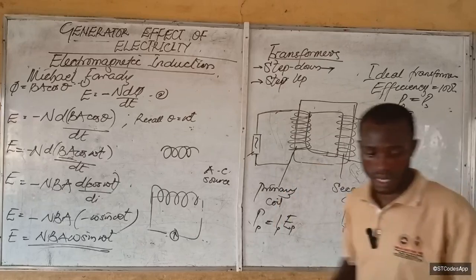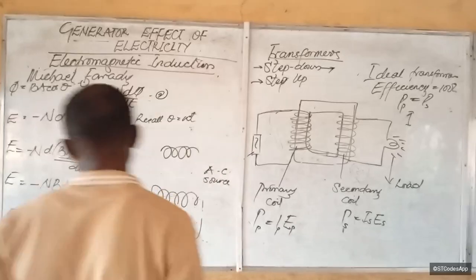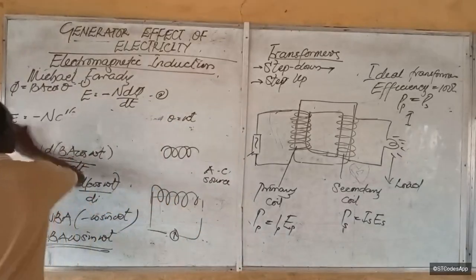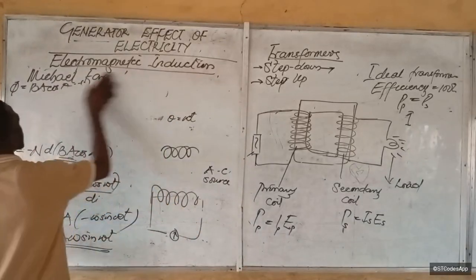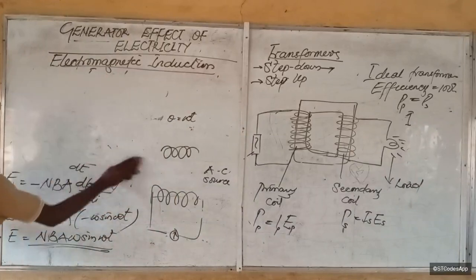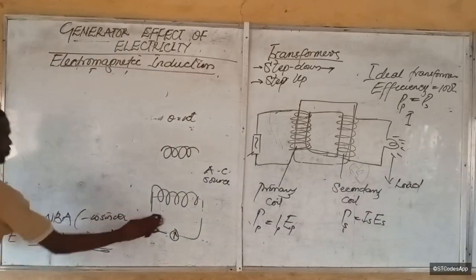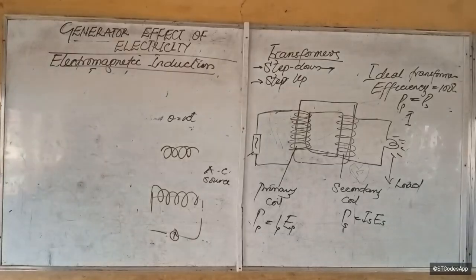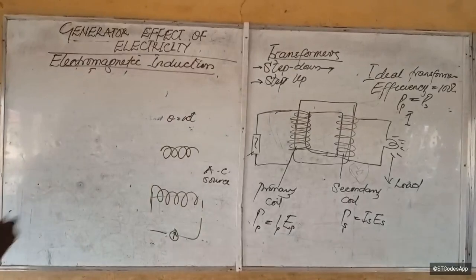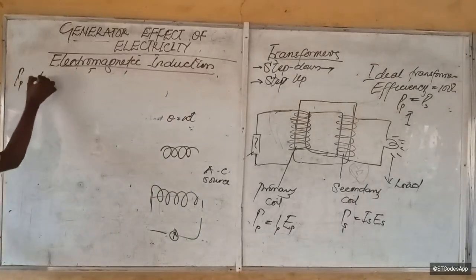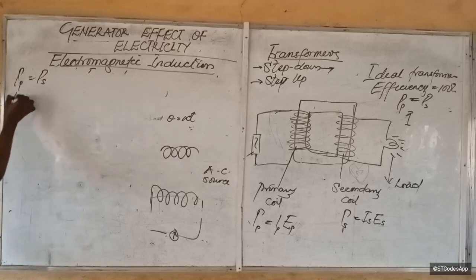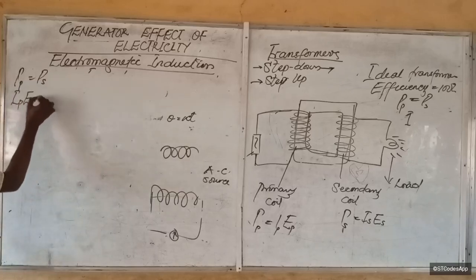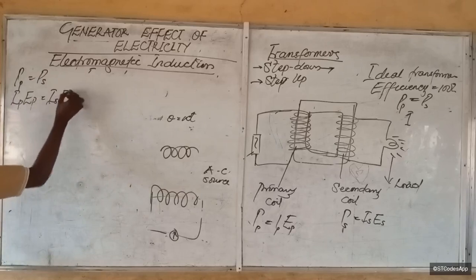Let me create a clean sheet here. So we have that if P_P is equal to P_S, then I_P E_P will equal what? I_S E_S.